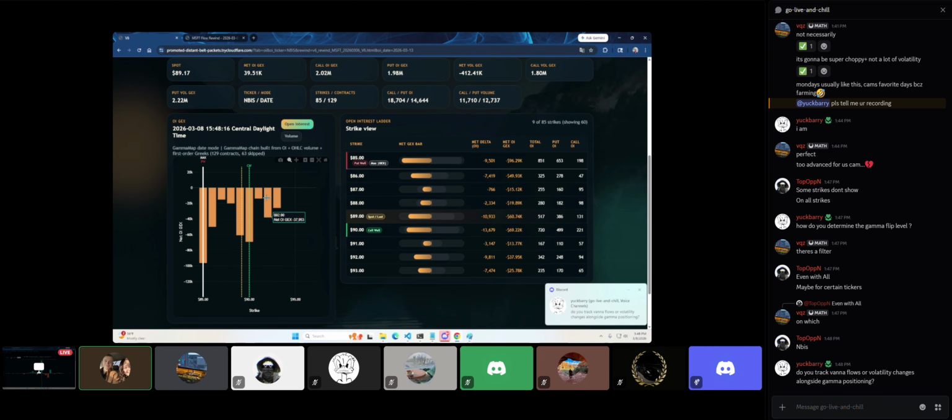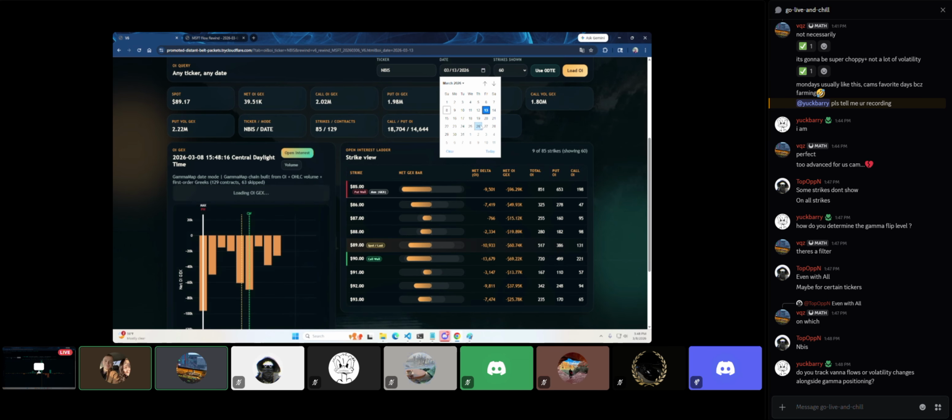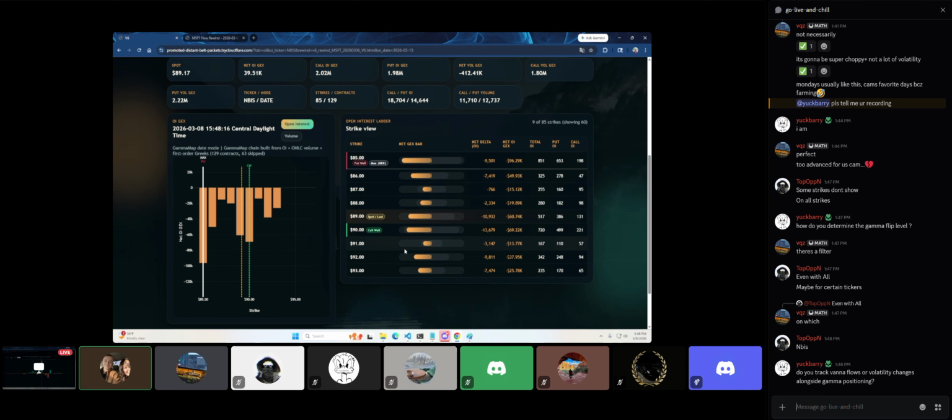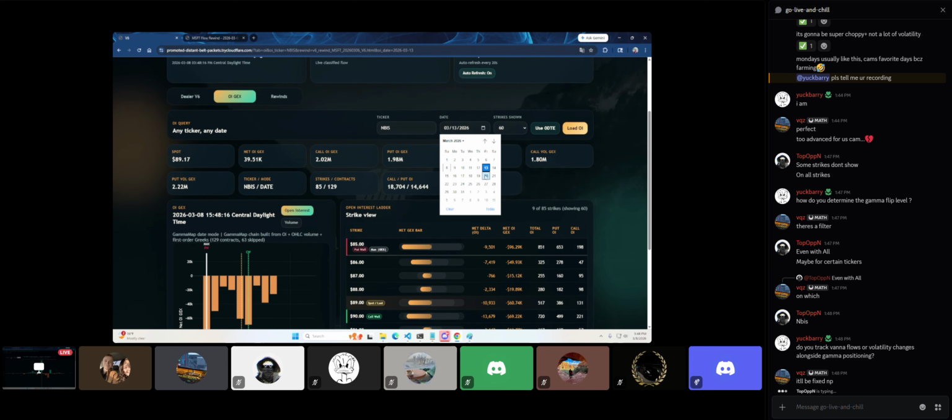Oh yes, I see what you're saying. Yep. Okay. Yeah, I'll get that just fixed. I think it's because the way I'm filtering, I don't show strikes that don't have a lot of activity on them. So the reason why is because there's probably not a lot of big bars on these strikes. But yeah, I'll make sure that gets fixed where it shows a little bit more strikes for sure.